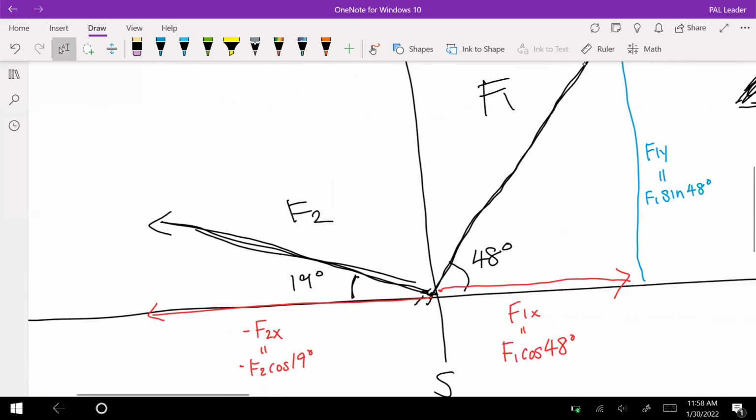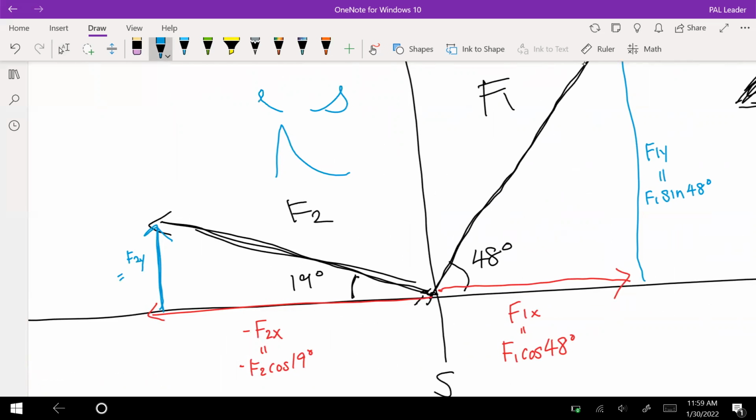Now let's get F2. It's the same thing. The vertical component is just this, and this is going to be F2y. We can express that trigonometrically with sine, like this flipped.